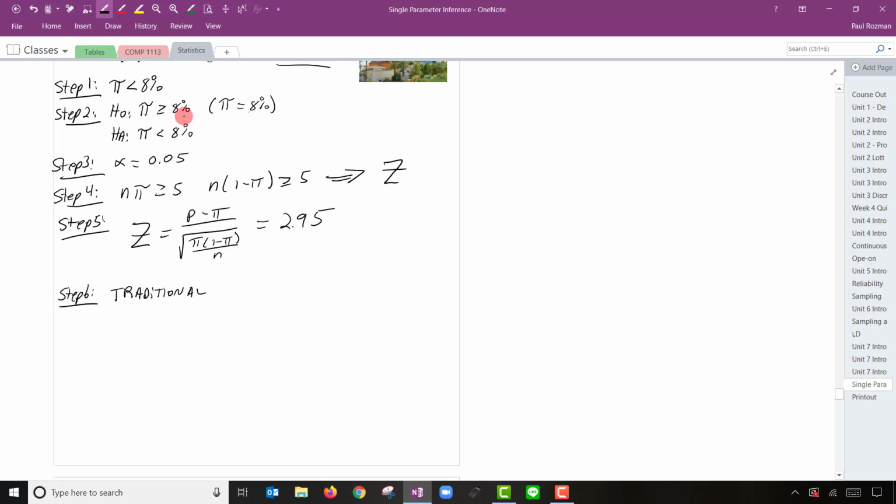It's bigger than 8%. Greater than or equal to it. But if you ended up with only 1% of your windows broken, well, that would be unusual under this assumption that it's greater than or equal to 8%. So we're only really worried about the case where we have smaller than. So on the left side, this is a left-tailed test.